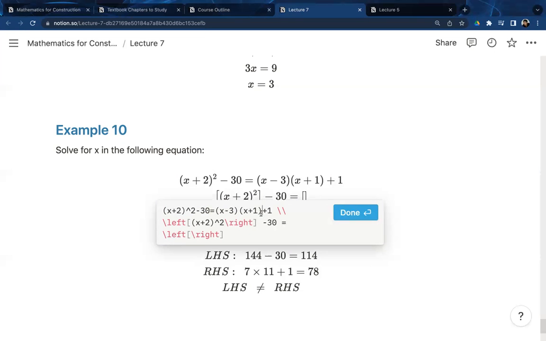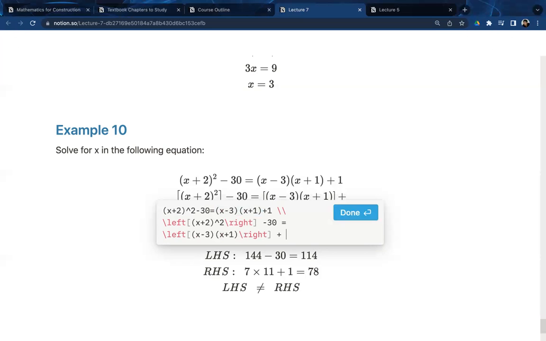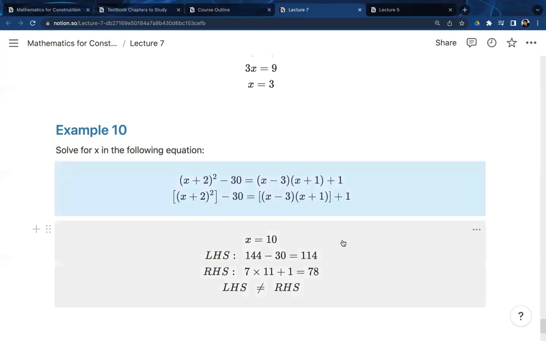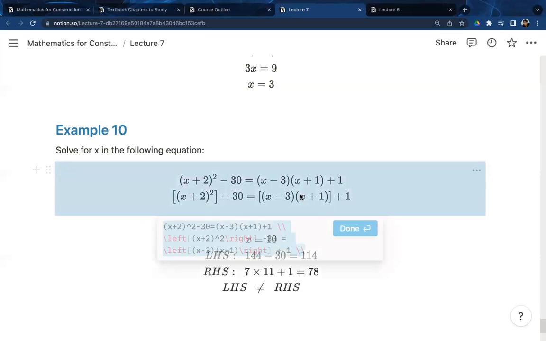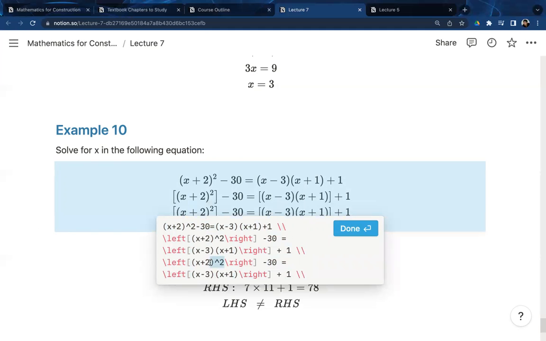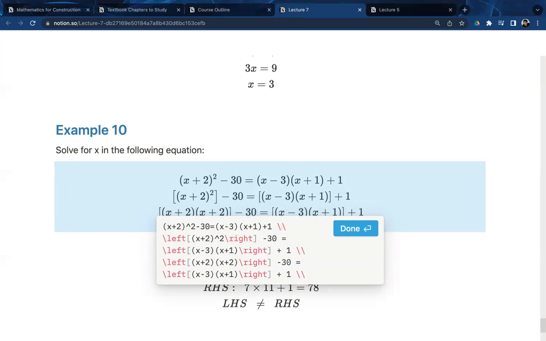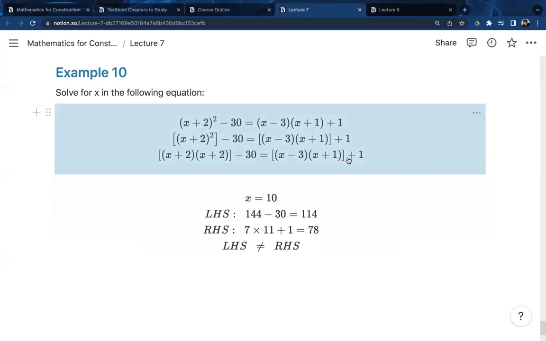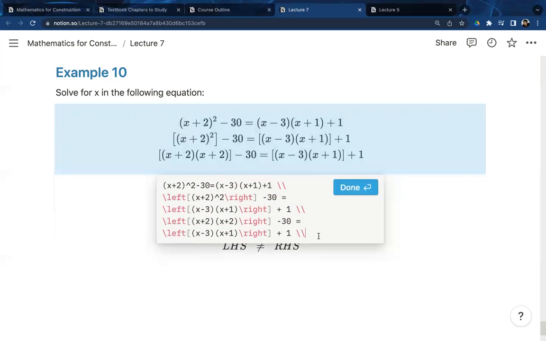And then I'll put brackets around like that, right? So now I'm going to simplify this here. So x plus 2 squared is x plus 2 by x plus 2. Okay. Now is to expand this out.